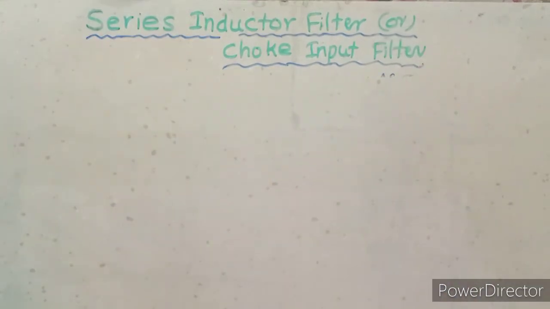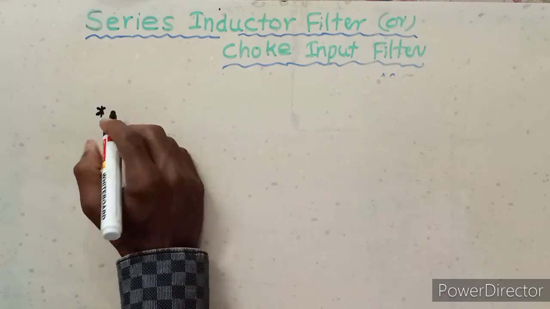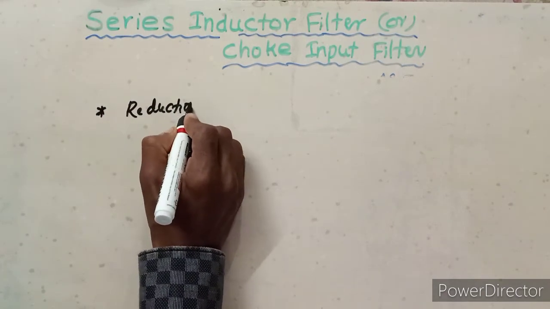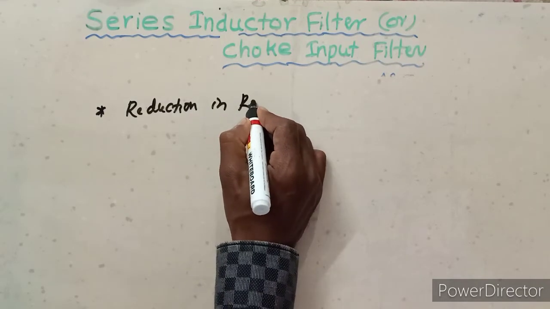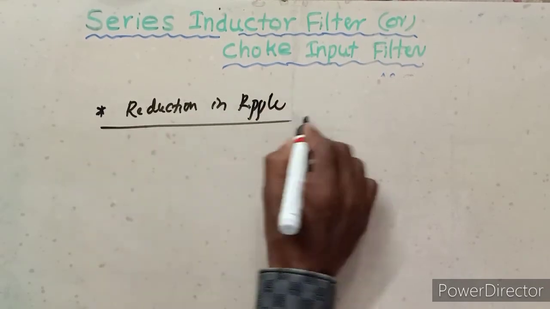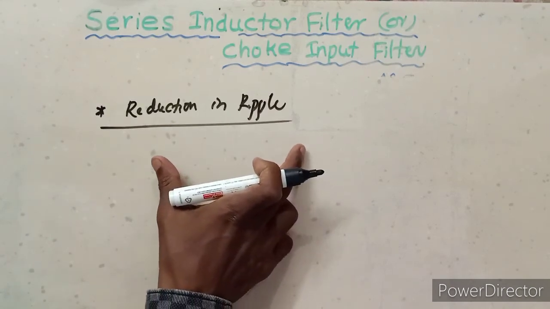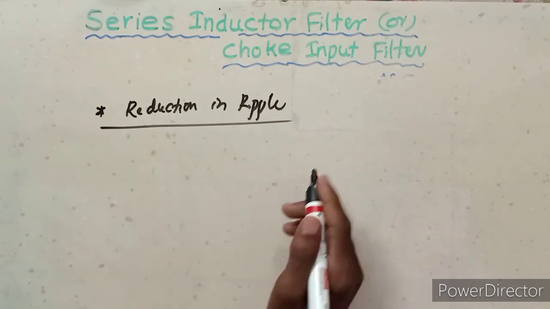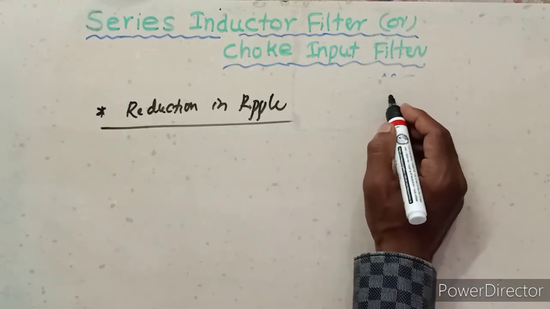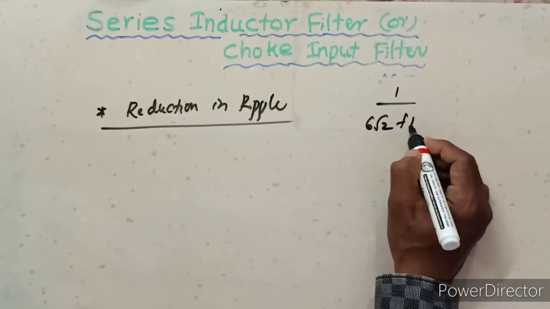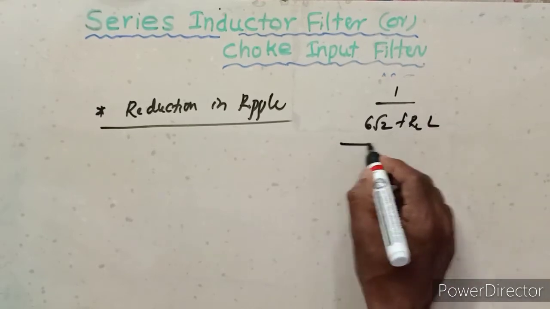Advantages of this filter: reduction in ripple. And also it has a low ripple factor, because the ripple factor is 1/(6√2 f R_L L).